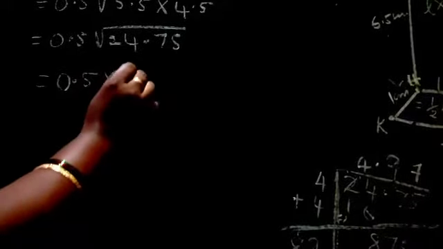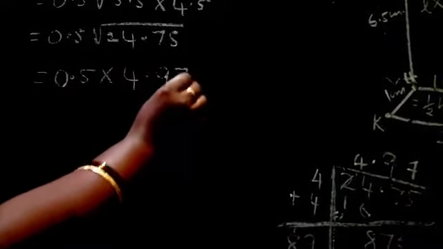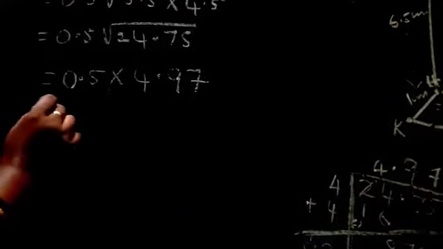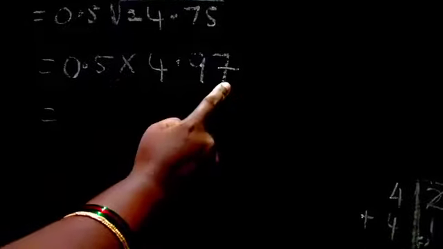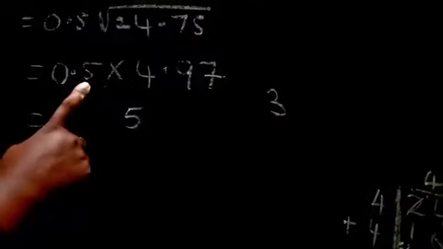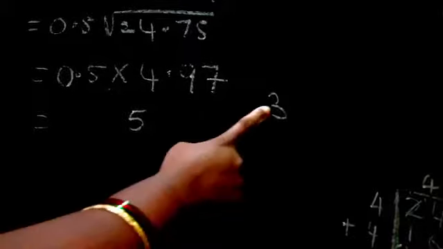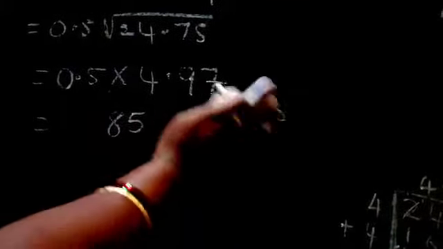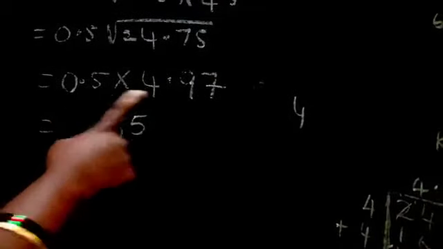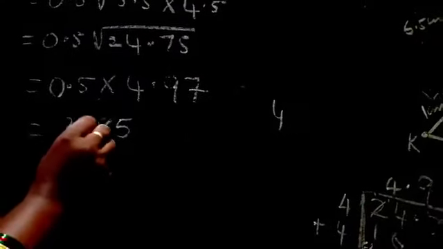0.5 into 4.97. We'll multiply both also. 5 7s are 35. Remaining 3. 5 9s are 45 plus 3 is 48. Then 4 5s are 20. 20 plus 4 is 24.